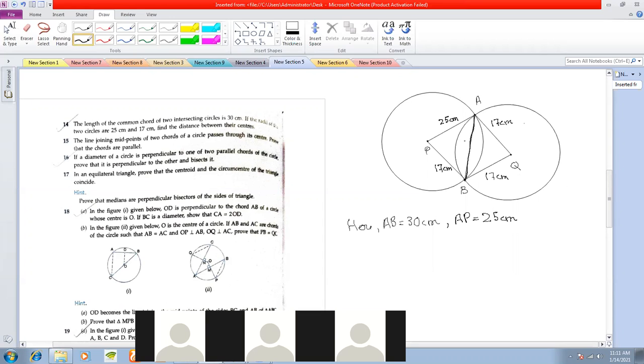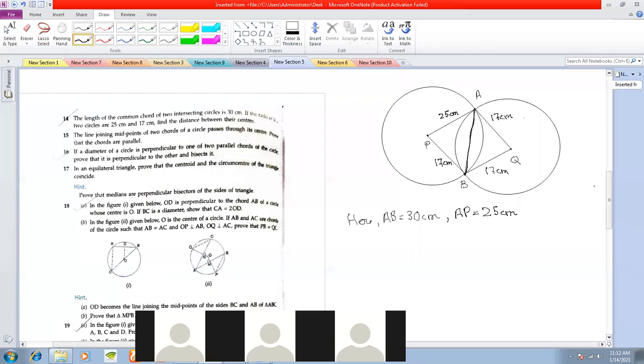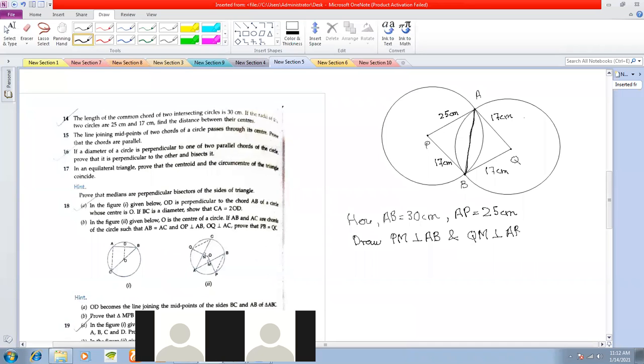So what do you mean by distance between the centers? Distance PQ is the distance between the centers. Okay. So what I do here is, first of all, I join P and Q. In fact, what I do is I drop a perpendicular from P on AB. Draw PM perpendicular to AB and QM perpendicular to AB.